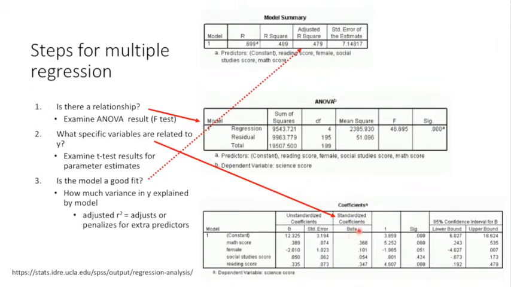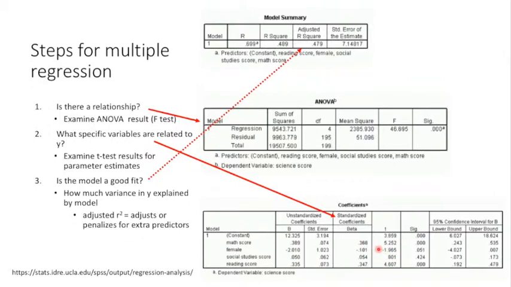So what you're going to look at are the standardized coefficients here. And this is showing you, for every 1 unit change that we were talking about earlier, the t results for each one of those for math, female gender, social studies, and reading score. If I look at this table, I know that all but the math score and reading score are significant. These other two are not, because the t-score is less than 2.